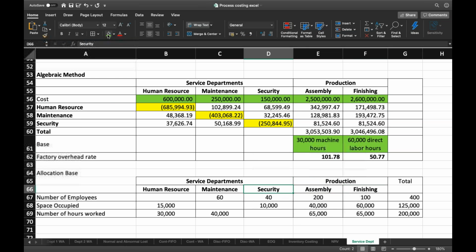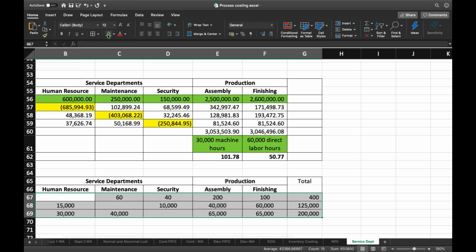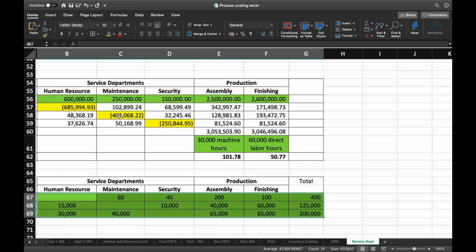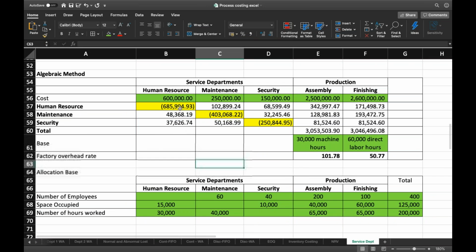And of course, this is all the basis for allocation. Now we compute for the yellow ones. Okay, now let's distribute first the 685,994.93, the true amount of the human resource.